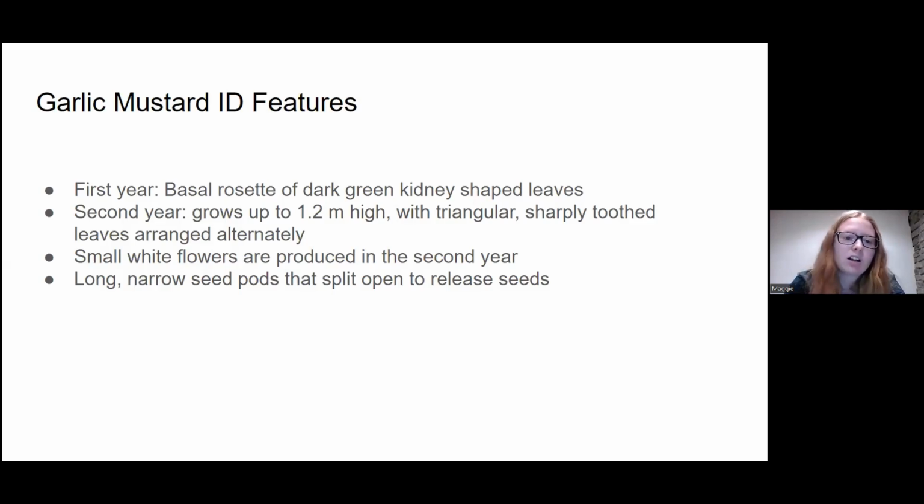And the second year, the plant grows up to a little over 1 meter high. It has triangular, sharply toothed leaves that are arranged alternately along the stem of the plant. Small white flowers are produced in the second year. And then its seeds are in a long, narrow seed pod that splits open to release many seeds.